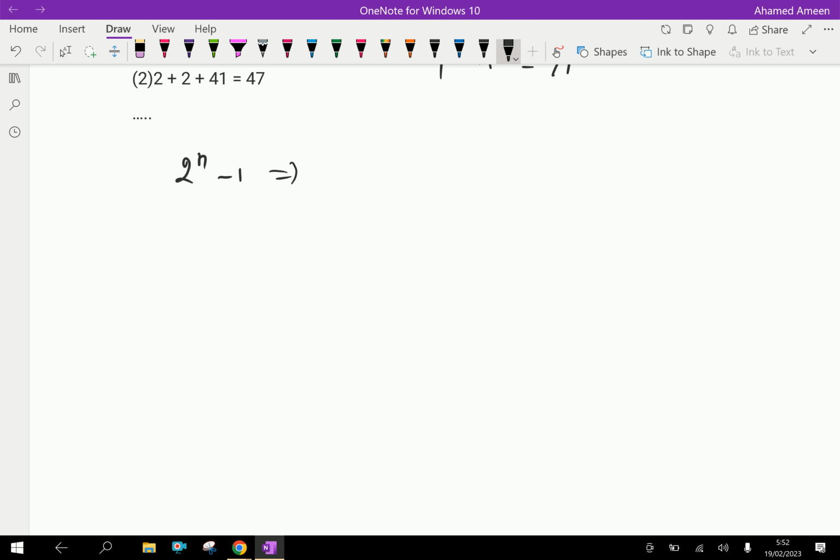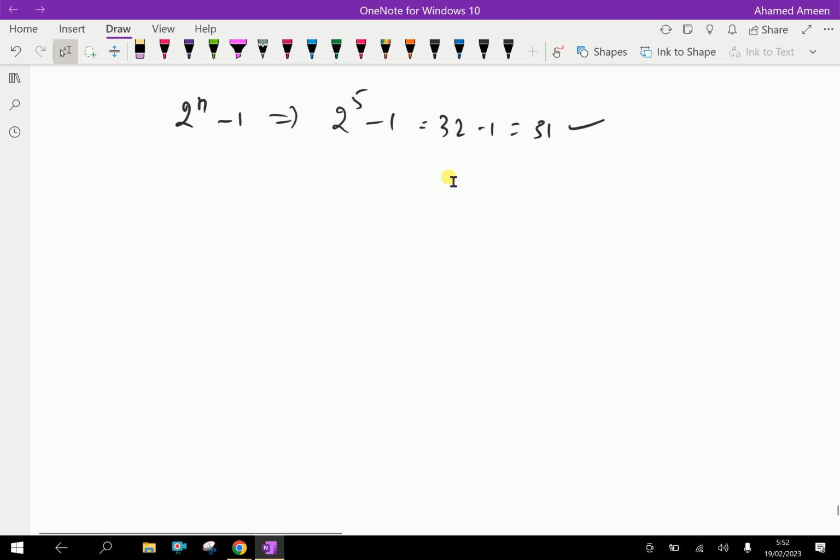Look here, 2 power any prime number. Suppose 5: 2 power 5 minus 1. 2 power 5 is 32, minus 1 is 31, which is a prime number. Suppose 2 power 8 minus 1. 2 power 6 is 64, 2 power 7 is 128, 256. So this is 256.